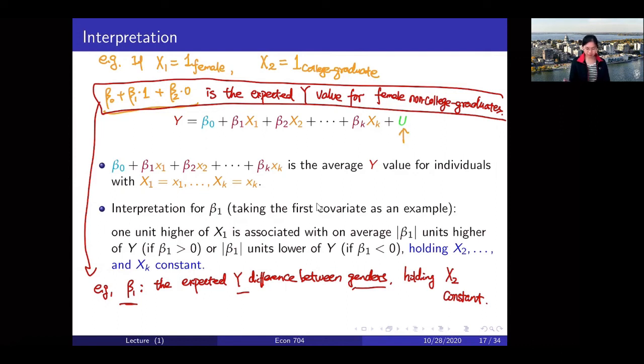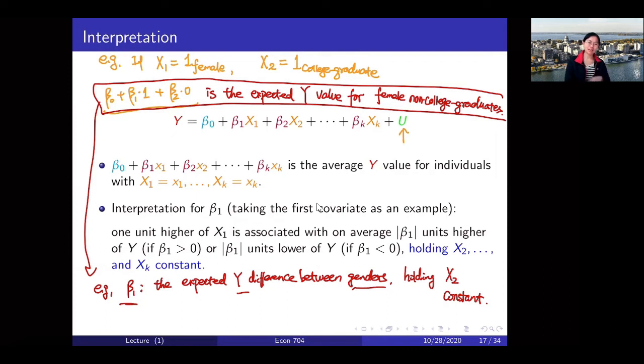Or in other words, in newspapers, you might see that a woman earns 87 cents of a dollar that a man earns. That 87 usually comes from a simple regression of y on x.